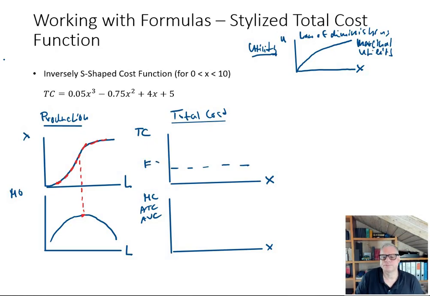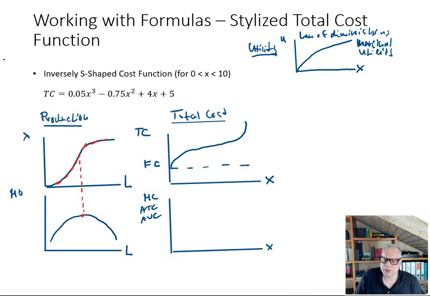And then an inversely S-shaped cost function looks like this. That means that as the output increases, the cost increases, yes, but at a diminishing rate. It's a little bit similar to the utility function.